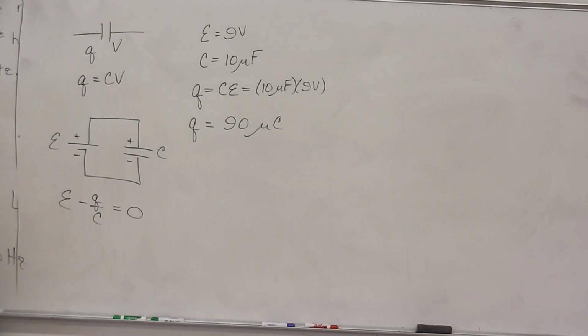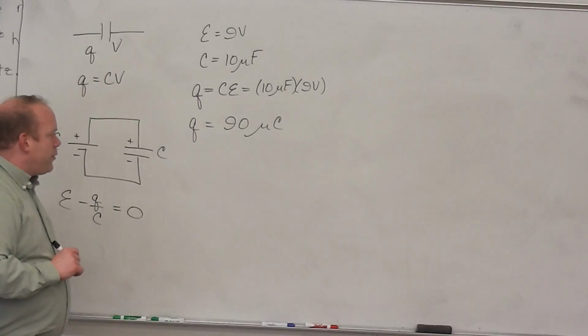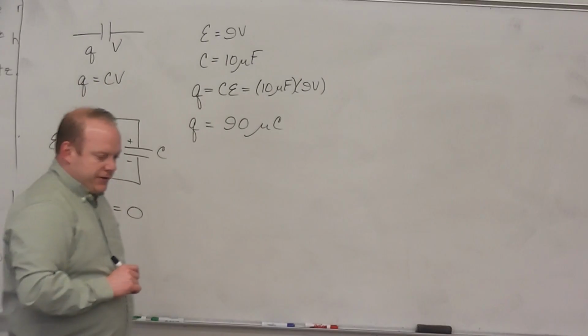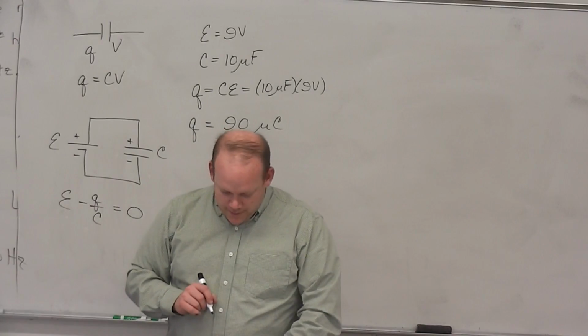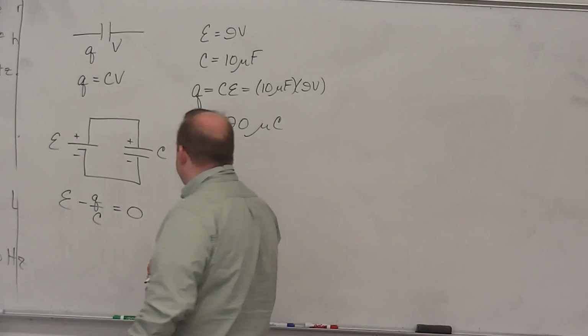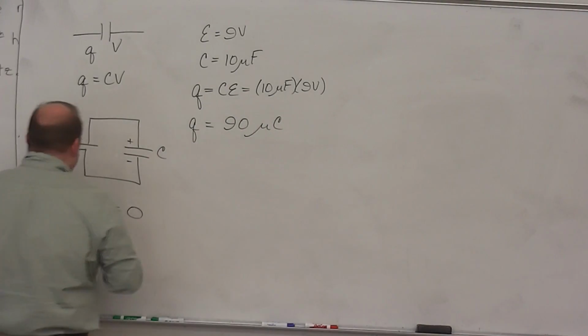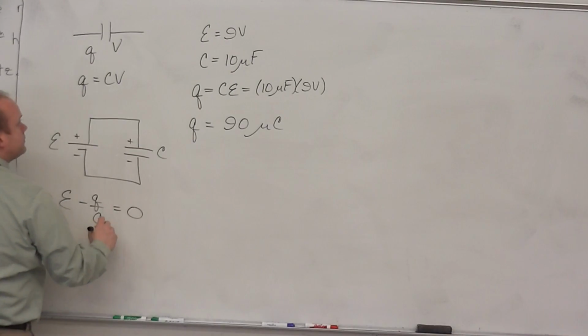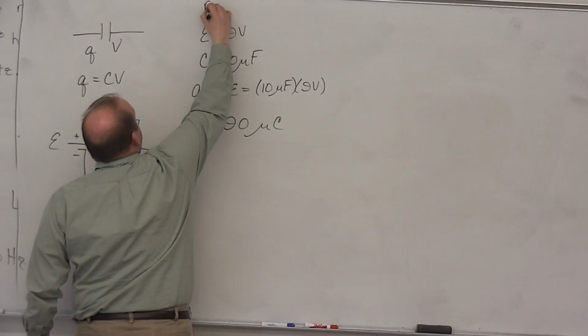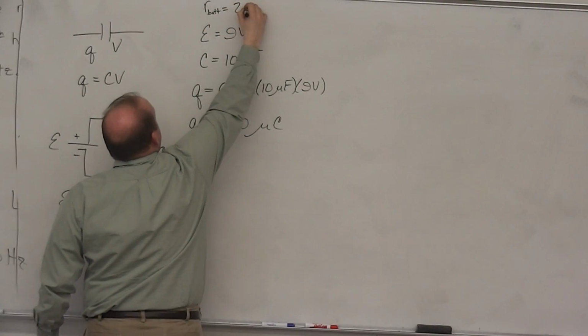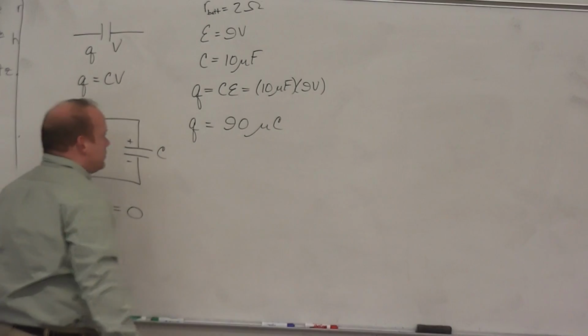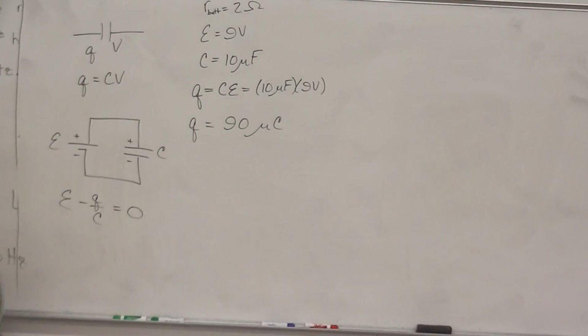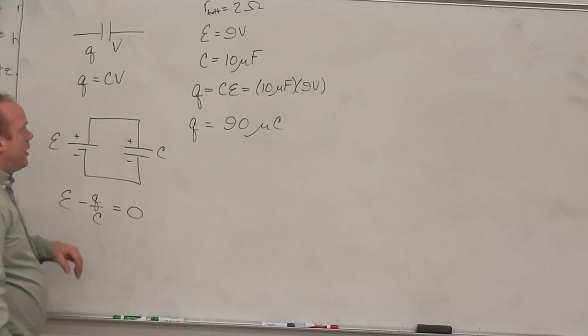But now, I also need to give an internal resistance to the battery. I'm going to say the internal resistance R for the battery is 2 ohms, because I want to see how fast this capacitor will charge up.